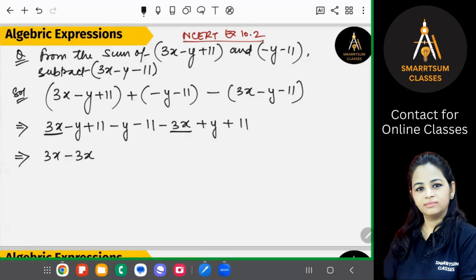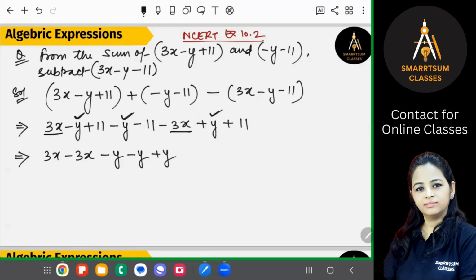Then another term, y. Now we will find some other y terms. Yes, we have minus y and this is plus y. So rearrange the terms, and while rearranging, always write them along with their sign. The first y is with the negative sign, so we have written it with a negative sign. Then another one is also negative, so we will write it negative. And the third one is plus y, so we will write it here plus y.